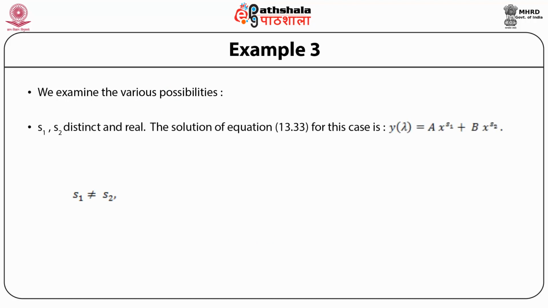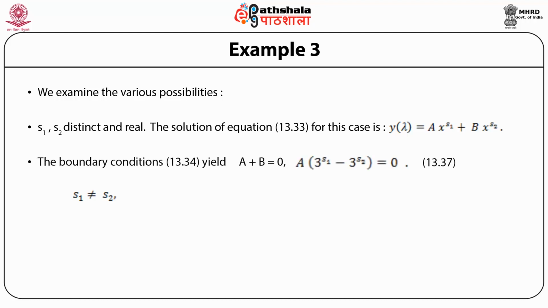The solution of the equation then in this case is a times x to the power s1 plus b times x to the power s2. Now when we apply the boundary condition at x is equal to 1, then I have a plus b is equal to 0. And the second boundary condition gives me a into 3 to the power s1 minus 3 to the power s2 is equal to 0.